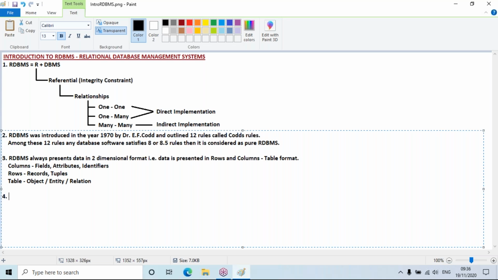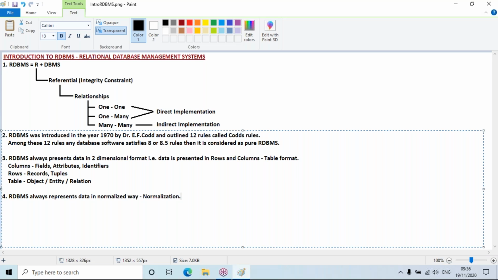Okay. Now, in exactly the same way, RDBMS always represents data in a normalized way, which will indirectly lead to normalization. This will again be an important topic that we will discuss after learning the constraints topic in Oracle.